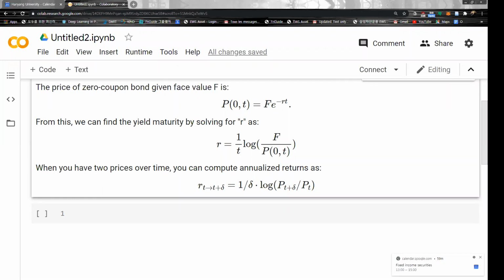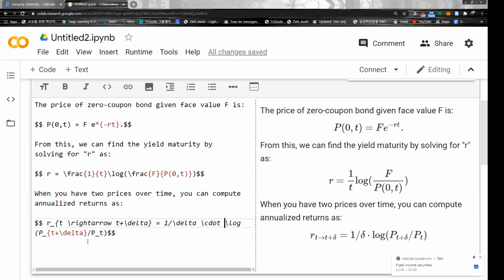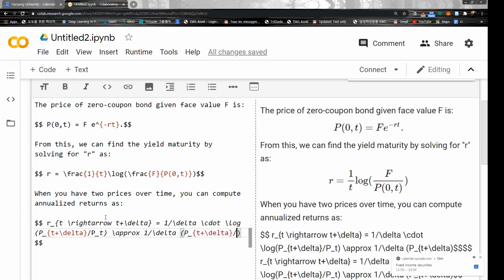And of course, given the property of the log, this is often approximated, not exactly the same, but in terms of discrete rate, it is 1 over delta times P(T plus delta) over P(T), minus 1.